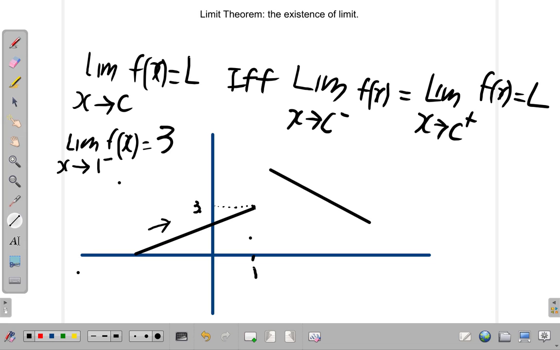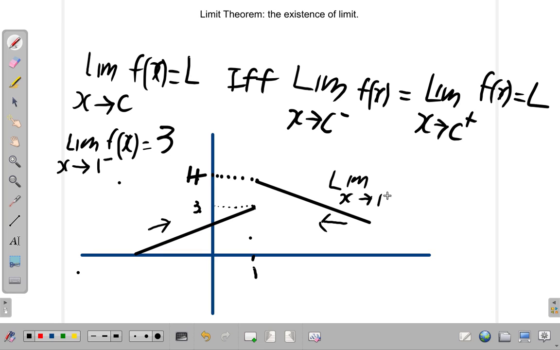But let's make a few changes and imagine that the limit from the right hand side does not equal the limit from the left. Say you're plotting the point and it comes up here, and let's say this point is at 4. Then the limit as x approaches 1 from the positive side, the right hand side, of f of x is equal to 4.